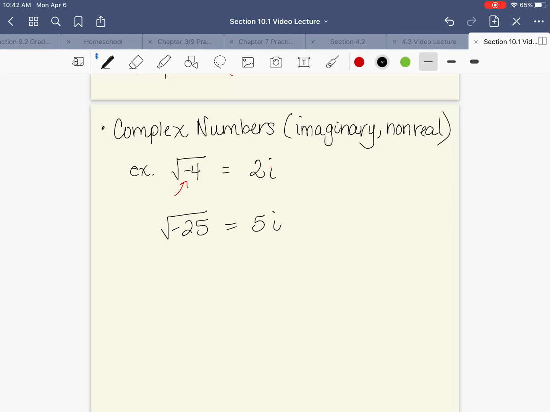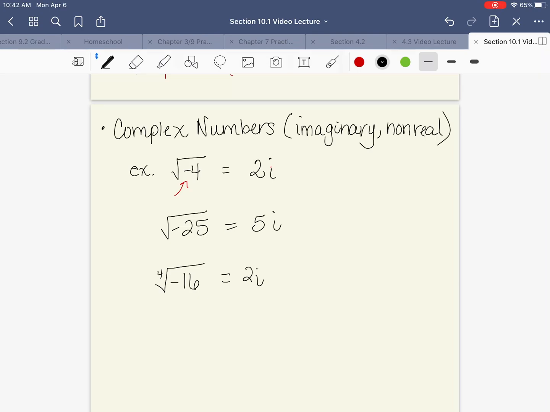But I'm sorry. Stop. Its index is not 4. Its index is 2 because it's a square root. Sorry. Okay. So if I had the fourth root of, say, -16, that would be imaginary. That would be 2i because the root or the index is even.